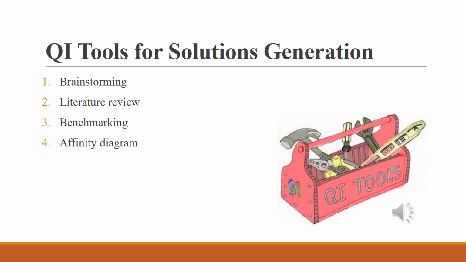The fourth one is called the affinity diagram, which is like a flow chart or a tree diagram that helps you to explore possible solutions, list out the solutions that are related to the problem, and then you can prioritize which solution is more applicable or useful for implementation. So have a look on the internet, find out more about these techniques so that it can help you with the solution generation.